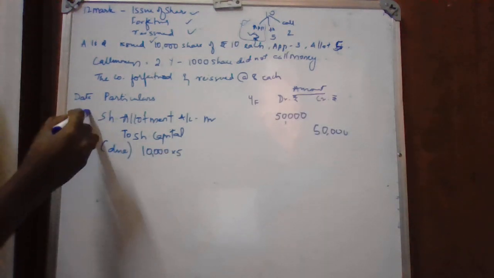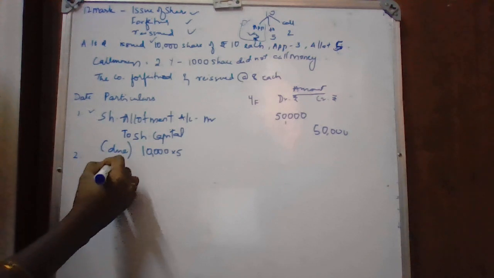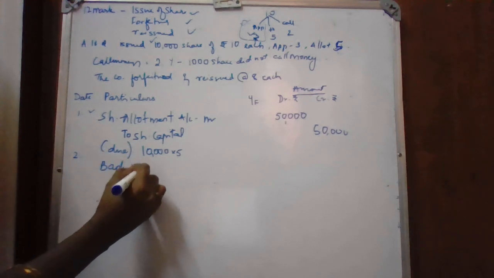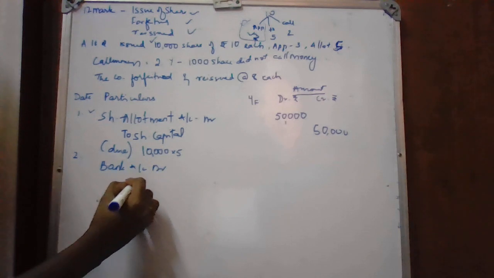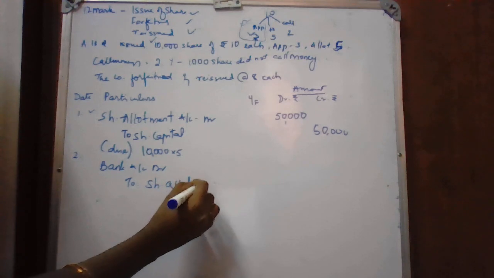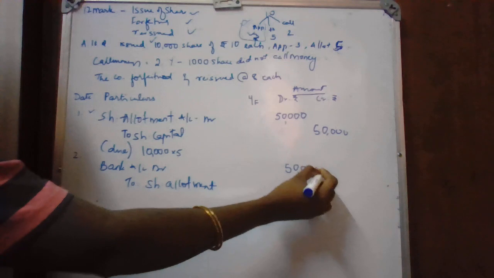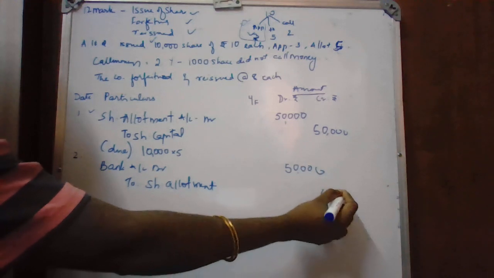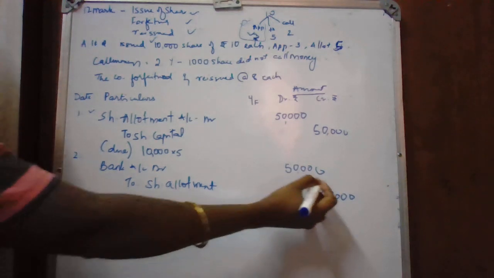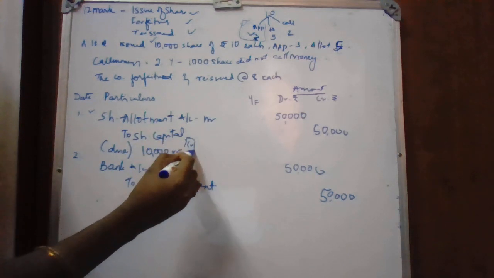Next, when it is due, next you will receive. So when you're receiving, bank account debit to share allotment account. It shall be the same amount. If there is any premium or discount, accordingly you shall write here. Share premium shall be credited because it is an income.